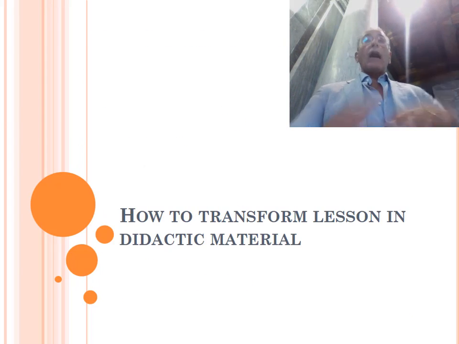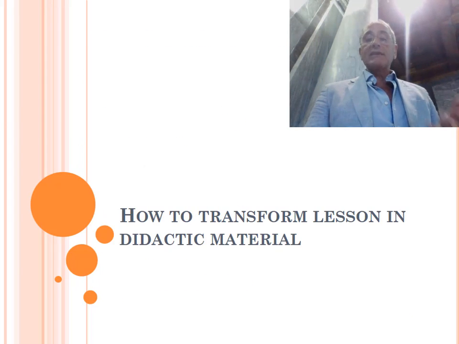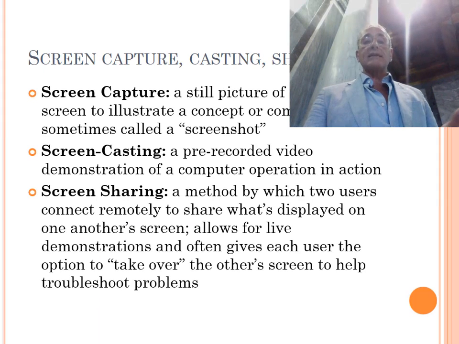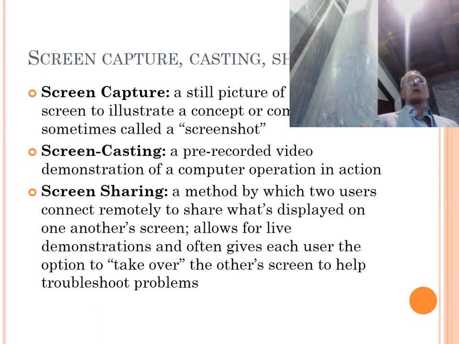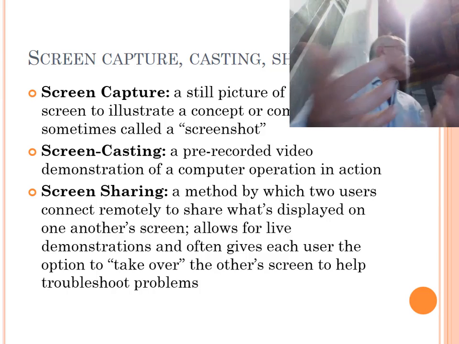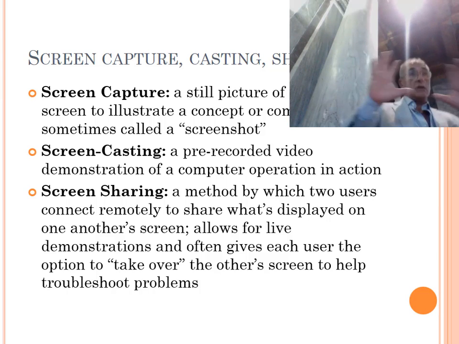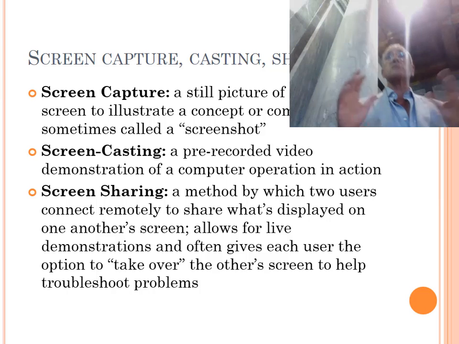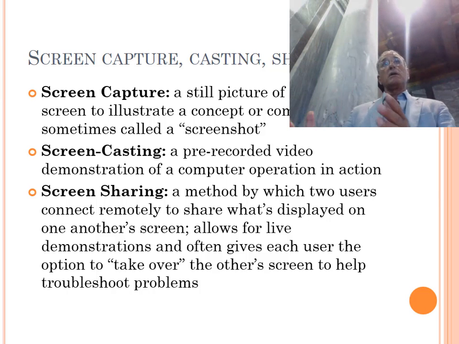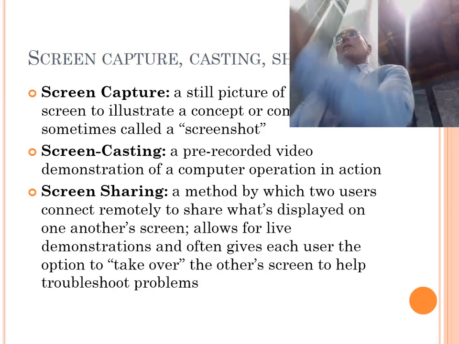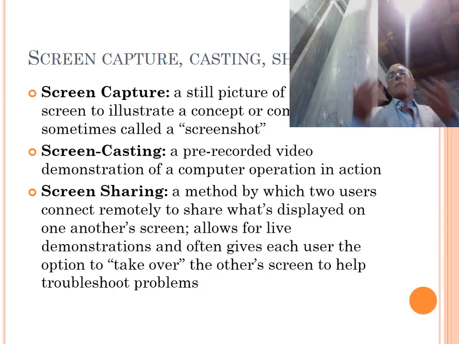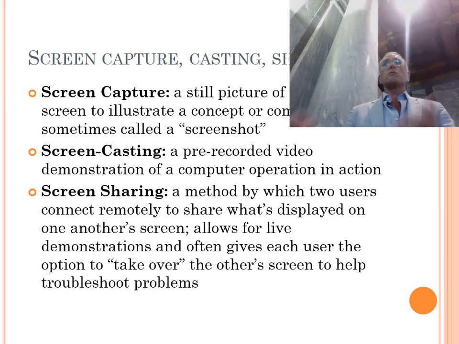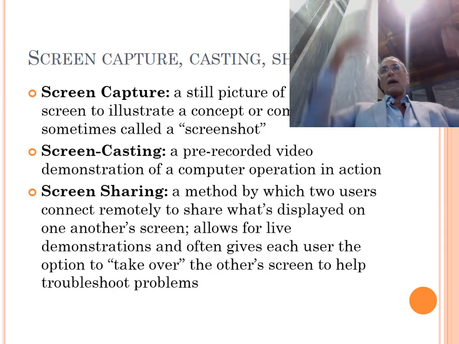Okay, now about this method, how to transform the lesson into didactic material. This is screencasting, because everything that happens on the desktop, how the software works and so on, becomes a video. This video is part of the didactic material that is made available to the students through the platform, in particular Moodle, where we hold the link.